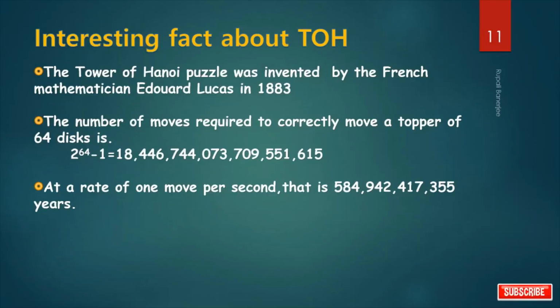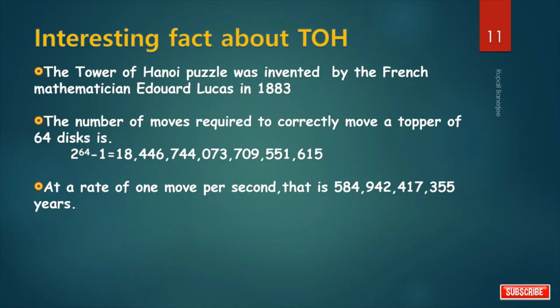Now some interesting facts about Tower of Hanoi. The Tower of Hanoi puzzle was invented by the French mathematician Edouard Lucas in 1883. There is a story about an ancient temple in India. Some say it's in Vietnam, hence the name Hanoi. This temple has a large room with 3 towers surrounded by 64 golden discs.